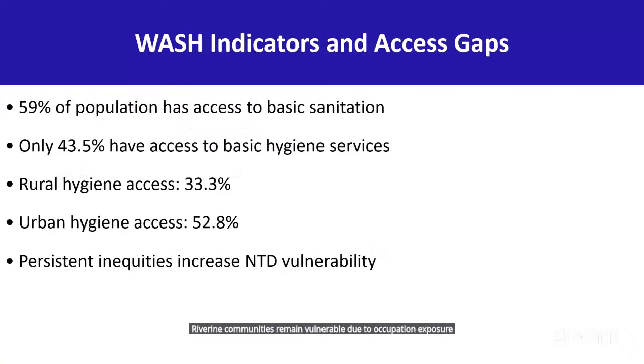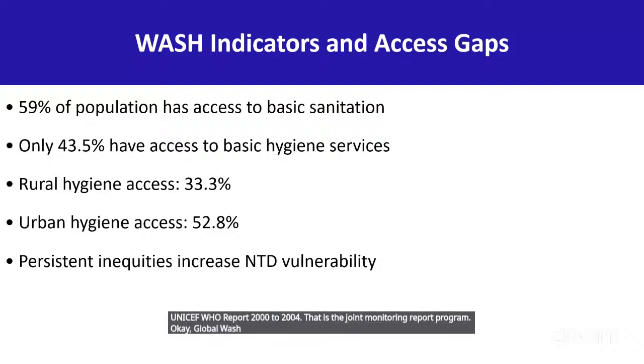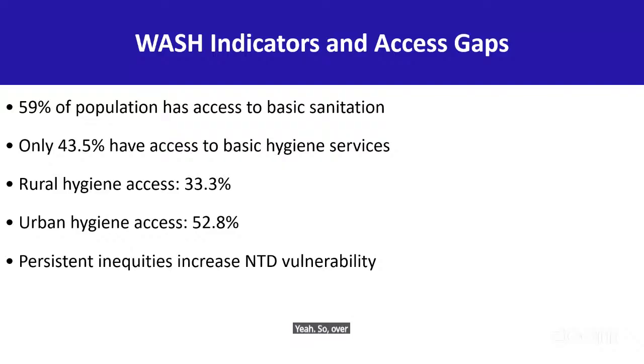So, WASH indicators and access gaps: what are they now? According to the UNICEF/WHO Joint Monitoring Programme report, 2000 to 2004, for global WASH, 59% of the population has access to basic sanitation.